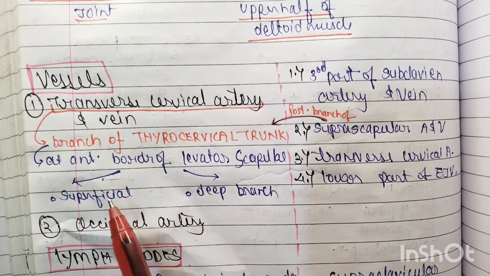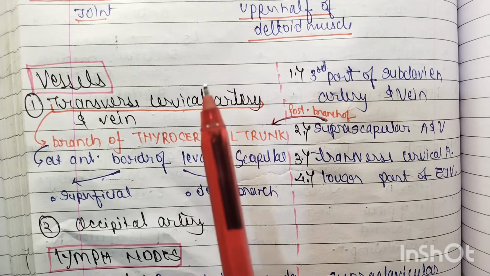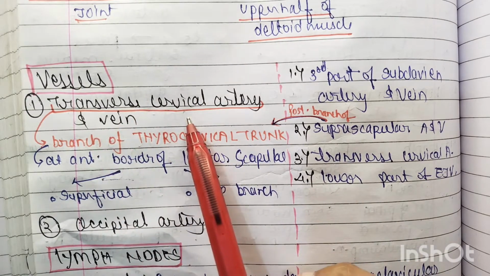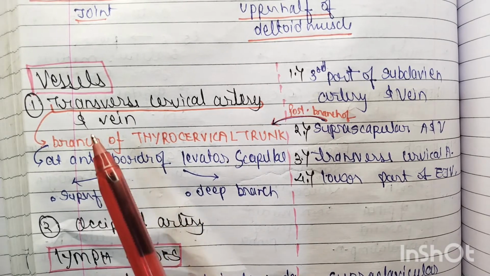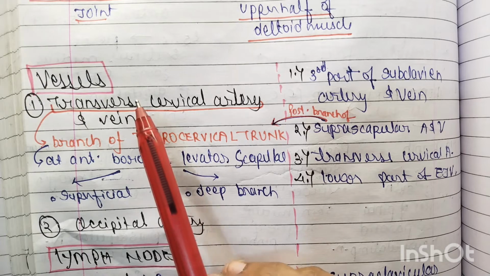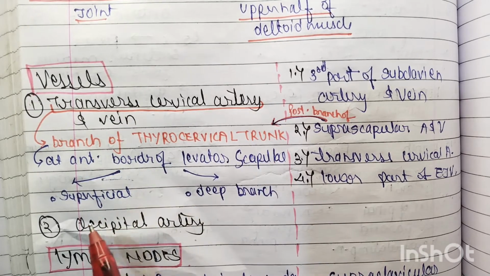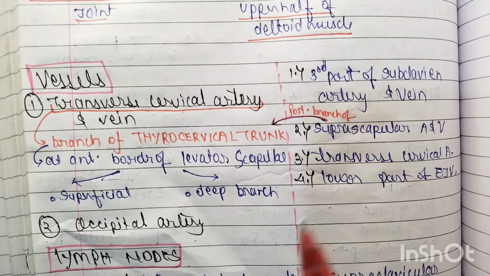So in the vessels of the occipital triangle you have the transverse cervical artery and vein, and the occipital artery. Here you have to remember that the transverse cervical artery is a branch of the thyrocervical trunk and it divides at the border of the levator scapulae into the superficial and the deep branch.